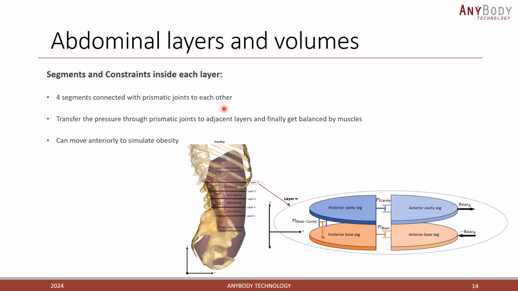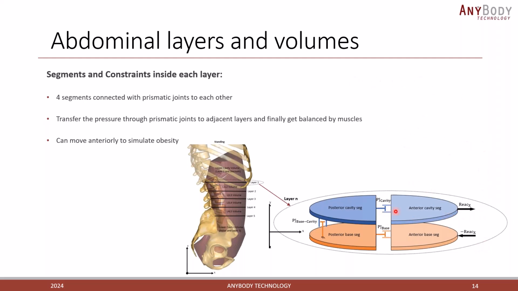And then in each layer we have 4 segments that are connected to each other with prismatic joints. I'm not going to go through all the details of the kinematics, but this mechanism allows us to transfer the pressure through these prismatic joints, so it can push up and push anteriorly, and then the muscles will have to balance the pressure forces.